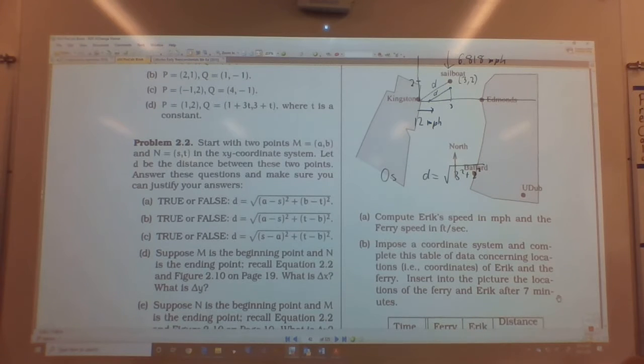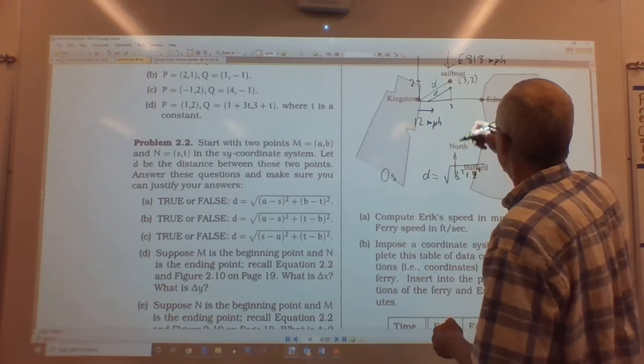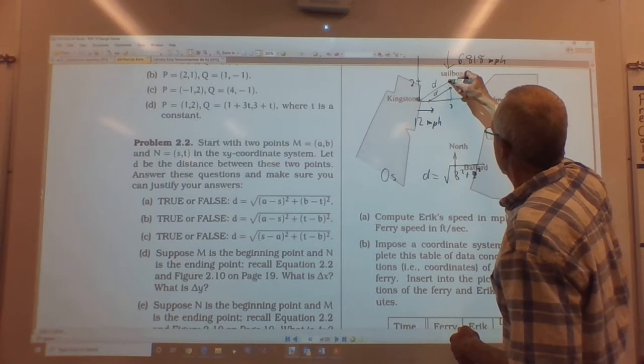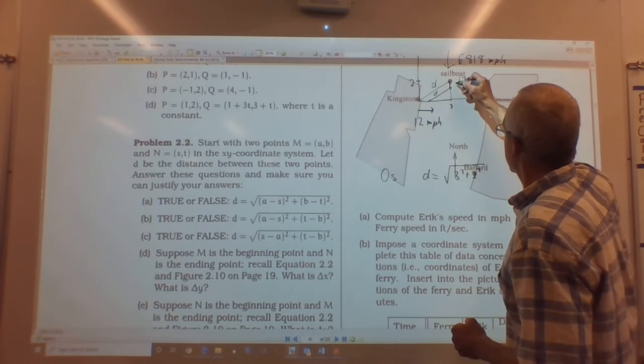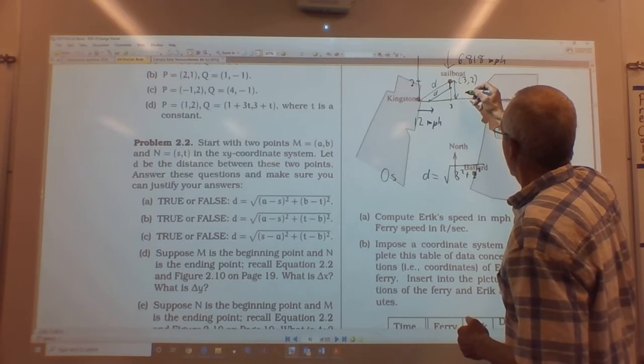So let's see, in 30 seconds or something like that. This D here is 2 miles minus the distance they've traveled. Right? So this distance here, and this is where drawing a picture is really important.